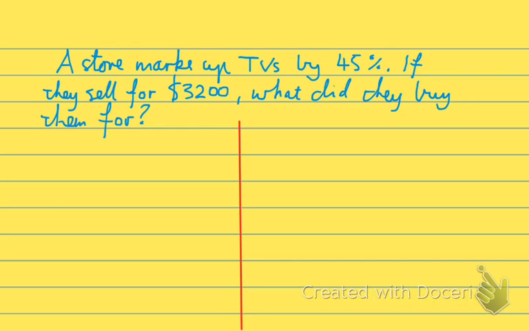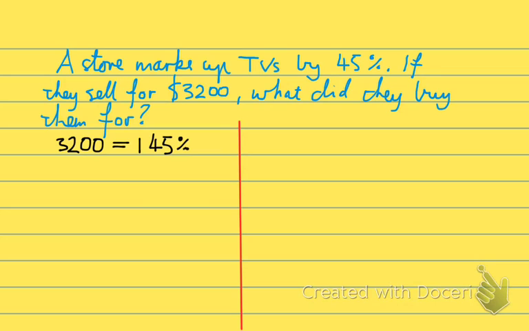Now, what you need to know here is that 3,200, now the last example, I think it was 90%, was what the toy was on sale for, or what we were finding. 3,200 is actually 145% of the original price, because they buy the TV, we call that 100%, they're adding 45% to that price. So what we've got there is 145%.